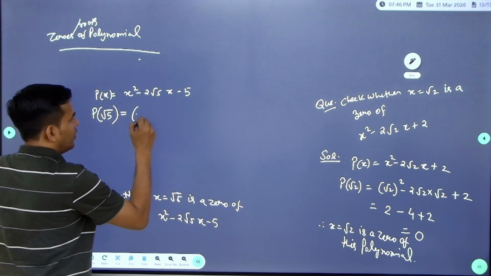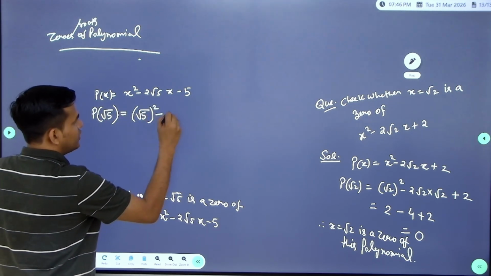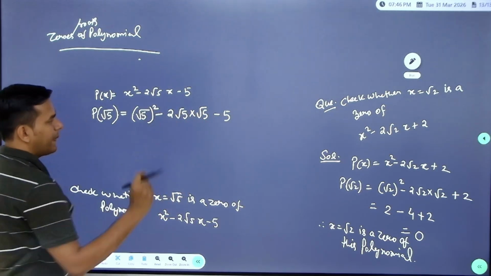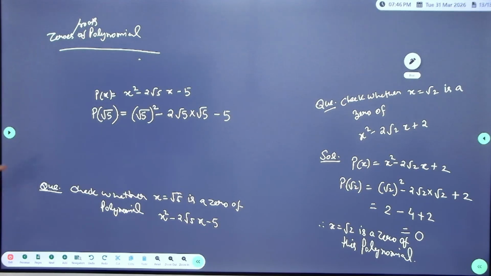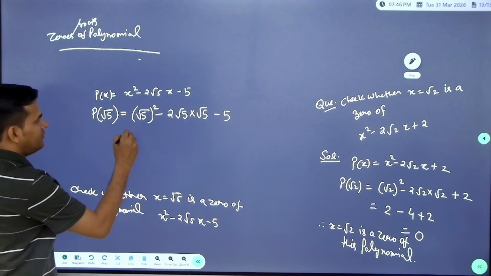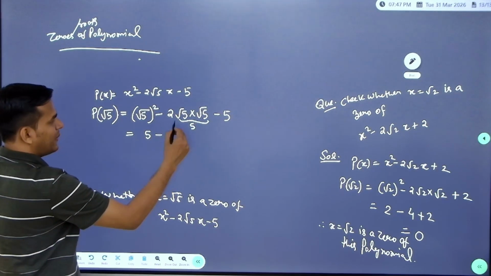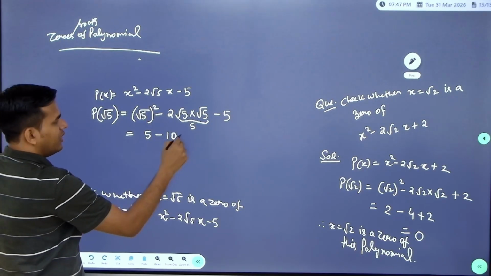So it becomes root 5 square minus 2 root 5 into root 5 minus 5. Now root 5 square is 5, minus 2 into root 5 into root 5, that is 5, 2 into 5 is 10, minus 5.